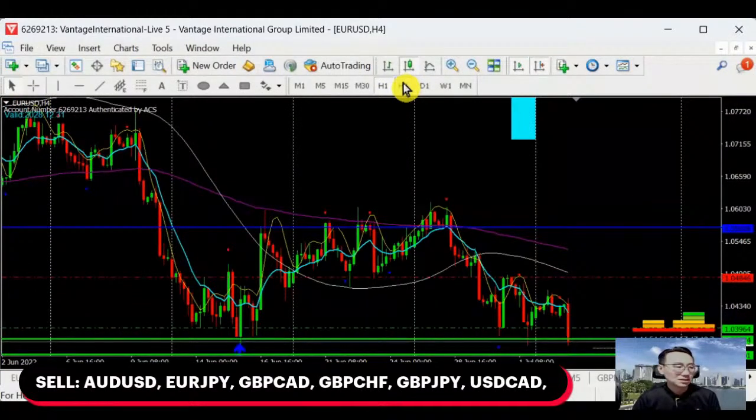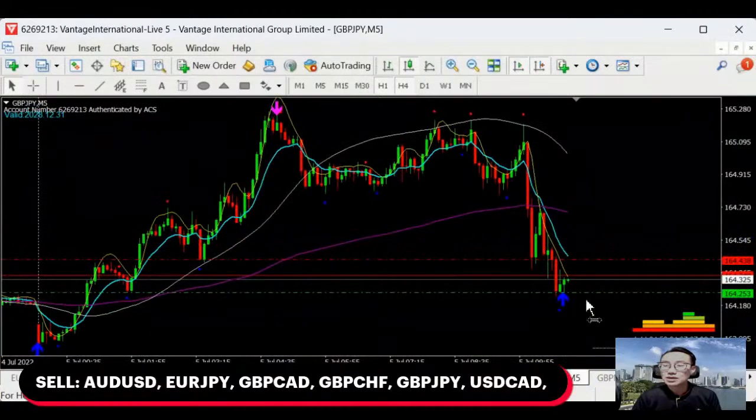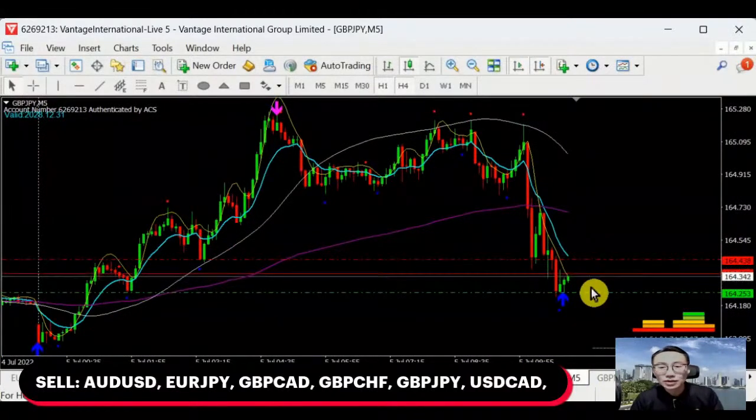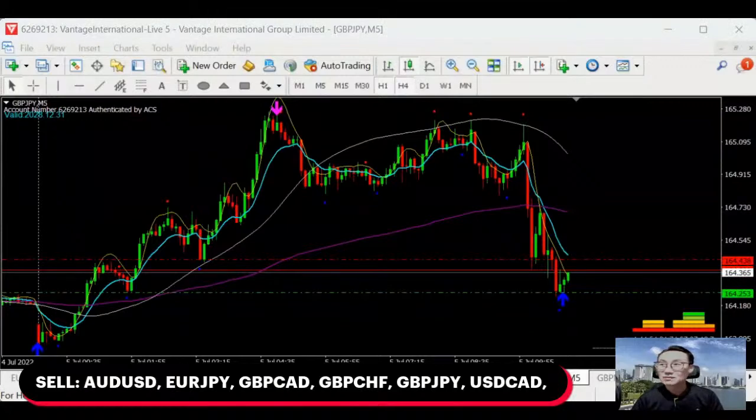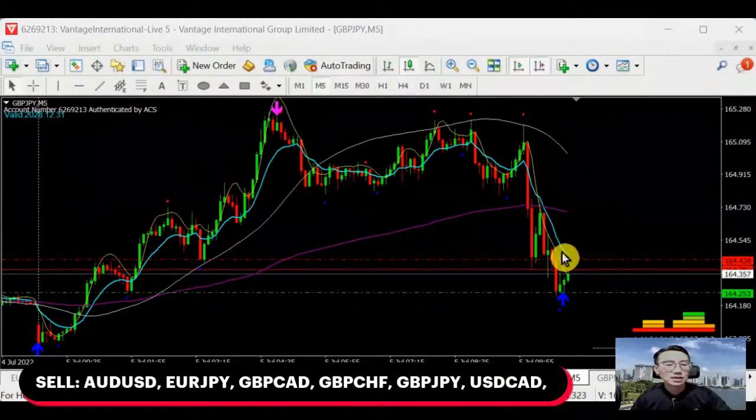Right. So yes, we are now looking at the pound yen. So guys, do you understand now? If you understand, do give me a number 1, so that I know my explanation is understood, so that you can understand the situation well.